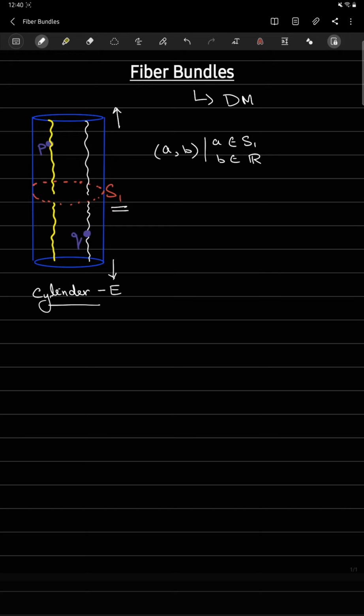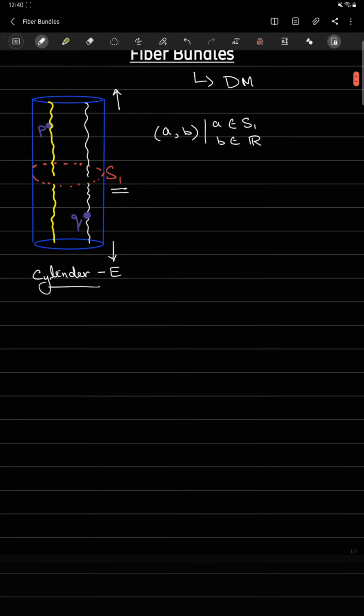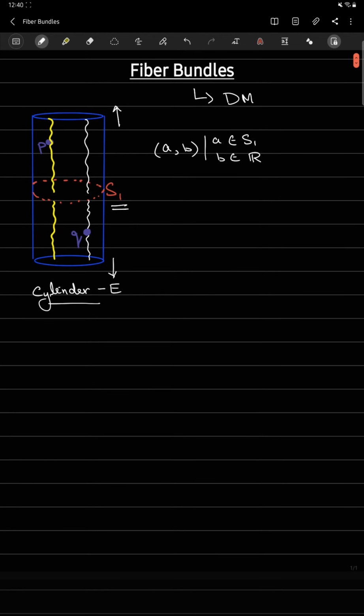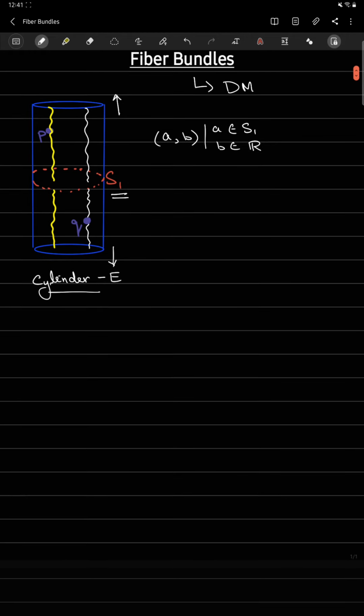Now let me explain. Before I go any further, first of all, you need to understand that you must have a differentiable manifold to have fiber bundles, as I have already mentioned before. So look at the cylinder. Is it a differentiable manifold? Well, you can make it a differentiable manifold if you make two assumptions.